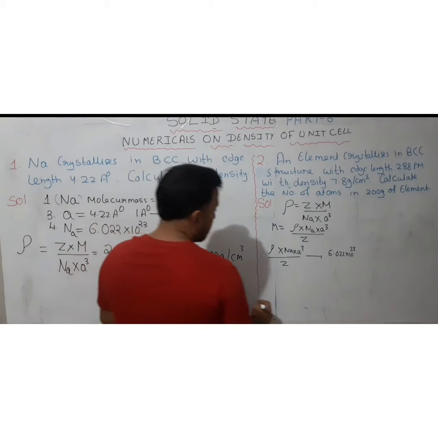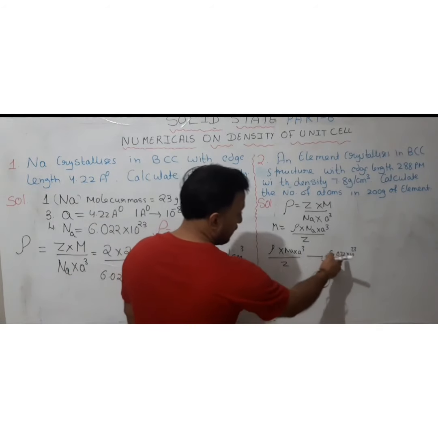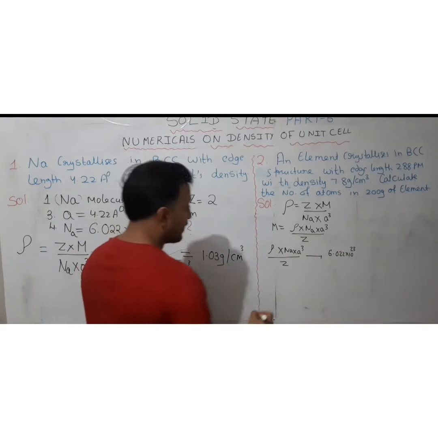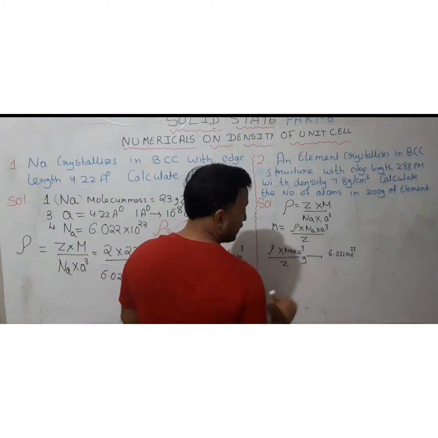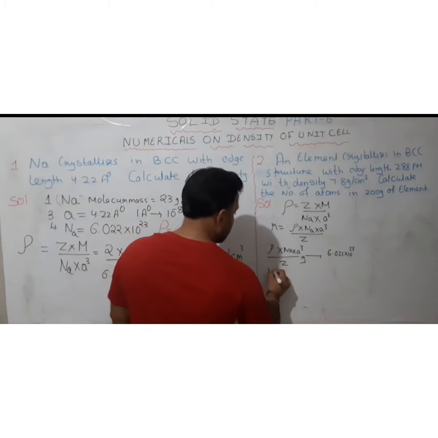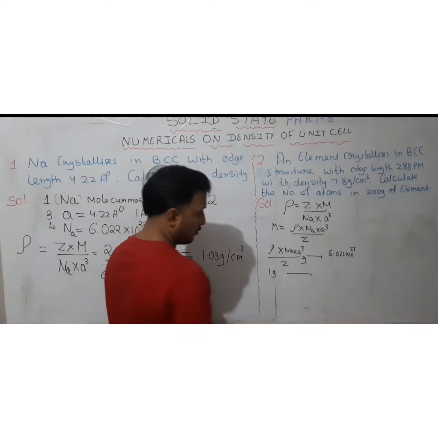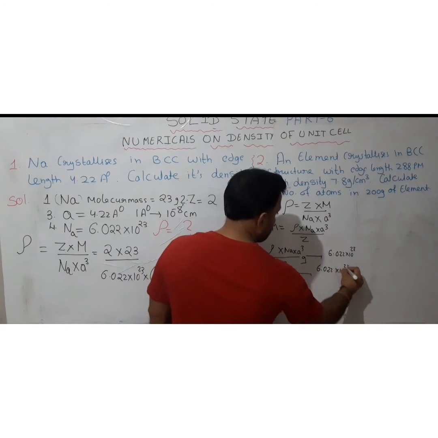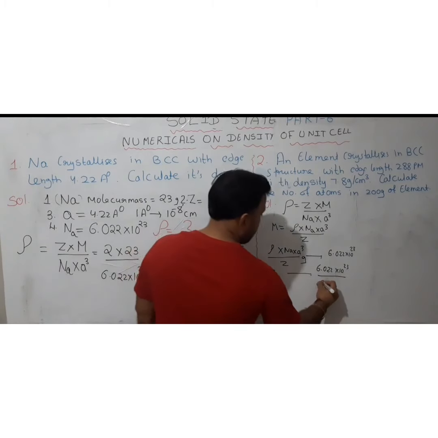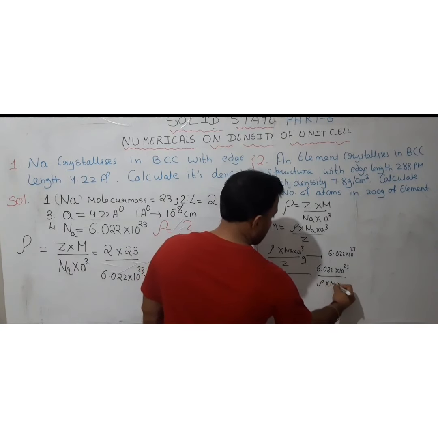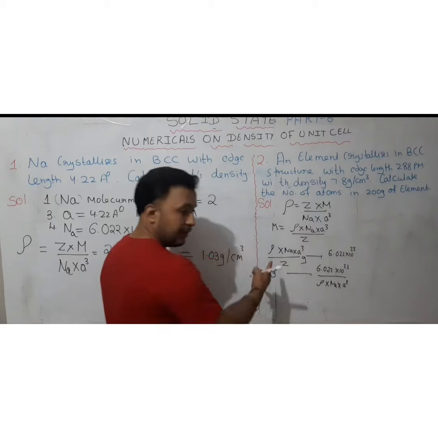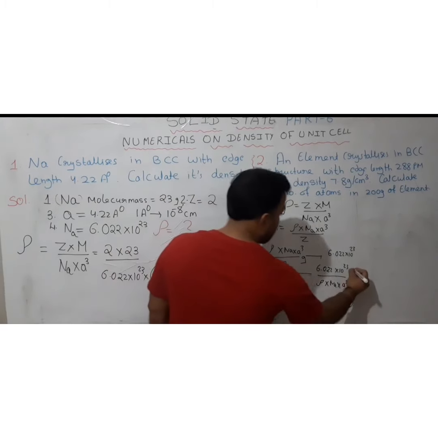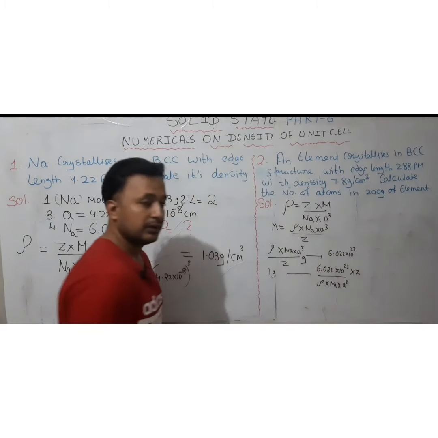So now we can calculate how many atoms are present in 1 gram. If in this much gram, this much number of atoms are there, then in 1 gram, it's like a unitary method. So it will be 6.022 into 10 raised to power 23 divided by density multiplied by Avogadro number again, then divided by the edge length cubed, and that Z will go in multiplication.